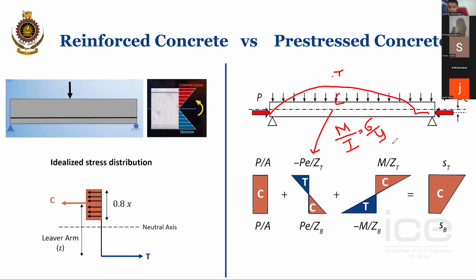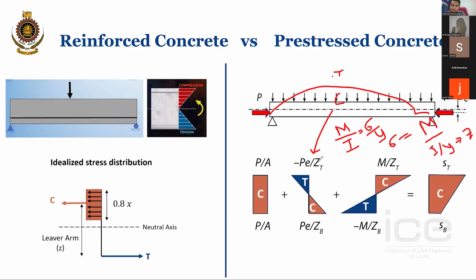So sigma equals M divided by I over y, and this I over y is called the section modulus, or Z. So basically stress is moment divided by the section modulus. The moment generated due to the pre-stress is force multiplied by the distance from the centroidal axis, P times e, divided by the section modulus.